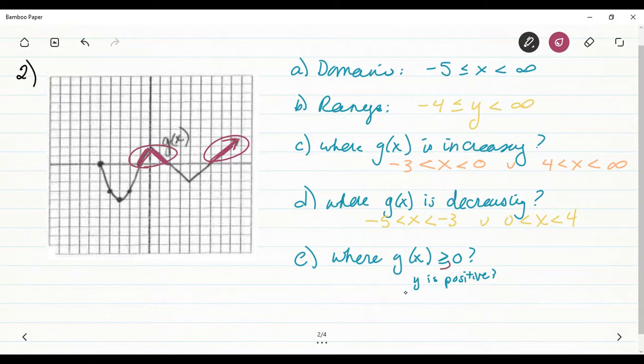And since this says equal to, we are also going to include that number where it is equal to 0 at -5. So we actually have 3 pieces here. We have where x is equal to -5, and then we have from -1 to 2, and then again from 6 to infinity. Okay, so there are 3 specific intervals where g of x is greater than or equal to 0.